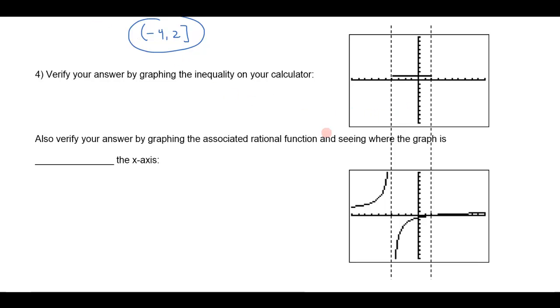So in terms of the graph that we did, I wanted to find where this graph is below, that would be less than, or on, that would be equal to, the x-axis, because the x-axis is the same as 0.